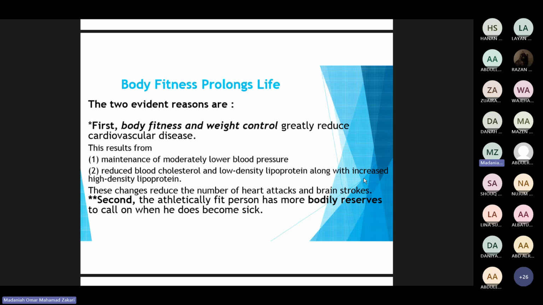Second, the athletically fit person has more bodily reserves to call on when he or she does become sick. What does that mean? Exercise can be like prehab for your body when you have a disease.